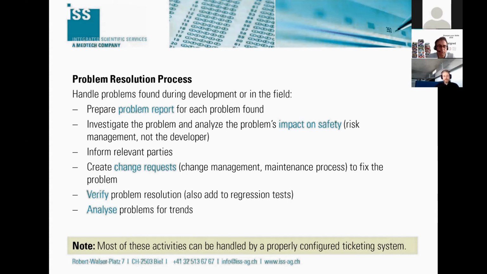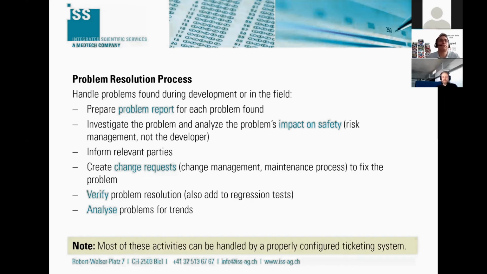Especially if you work with software branches, it can easily happen that if a developer merges back some changes from a different branch, suddenly you undo someone else's fix of a bug. That has happened and it will likely happen again. And the post-market part is you analyze problems for trends.